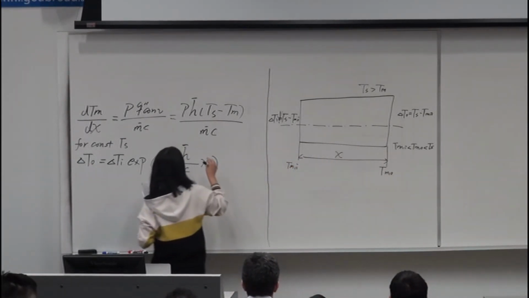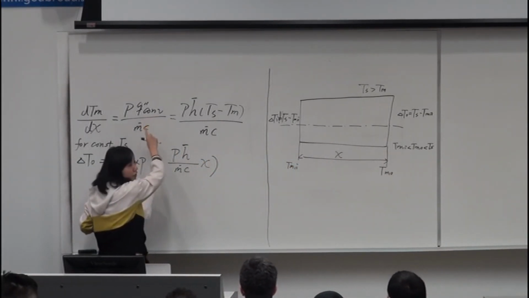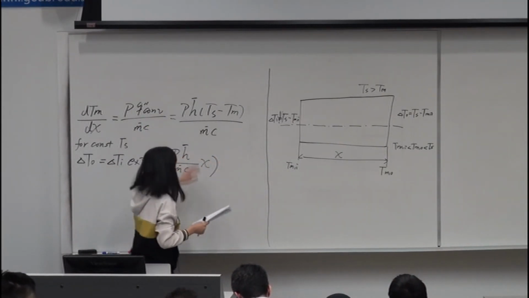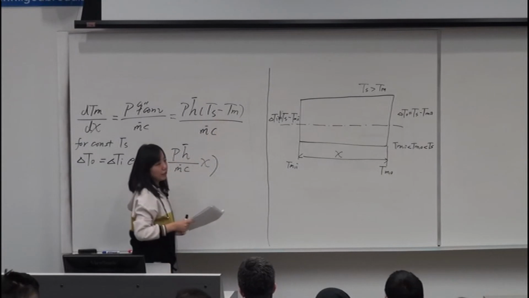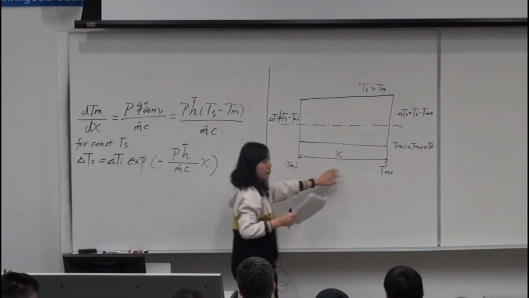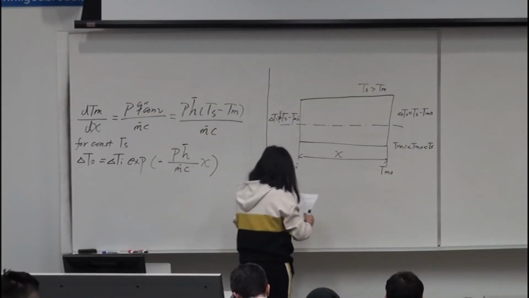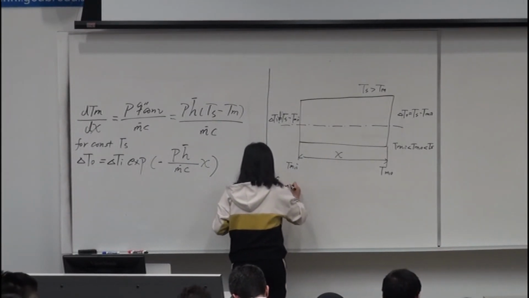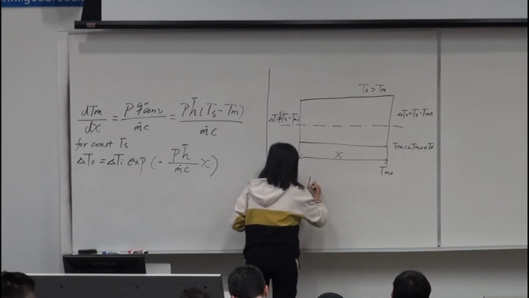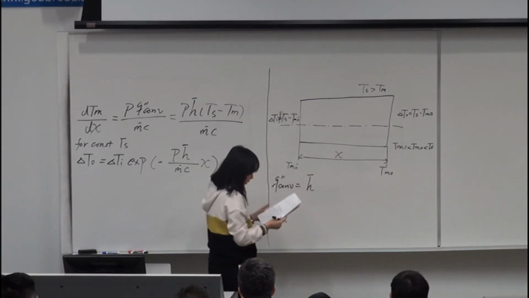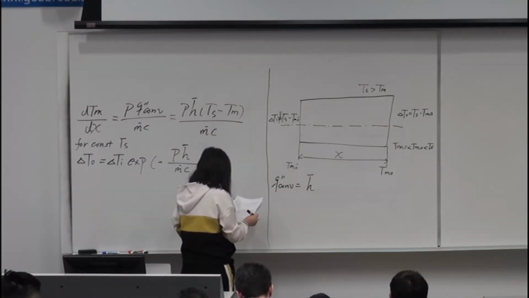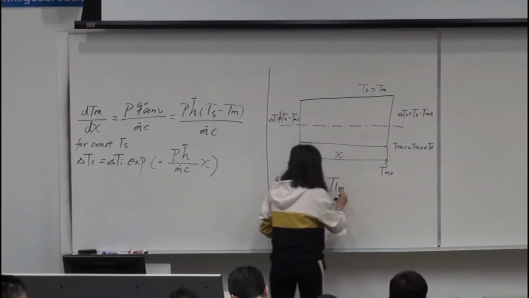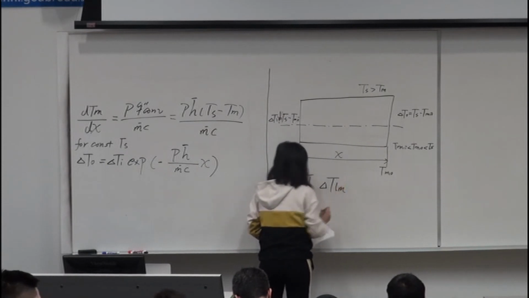Now, in order to calculate our convective heat flux from the tube surface, the temperature difference always varies along the length. We need to use some average value. We use the average convection heat transfer coefficient, and then we define delta T_LM.